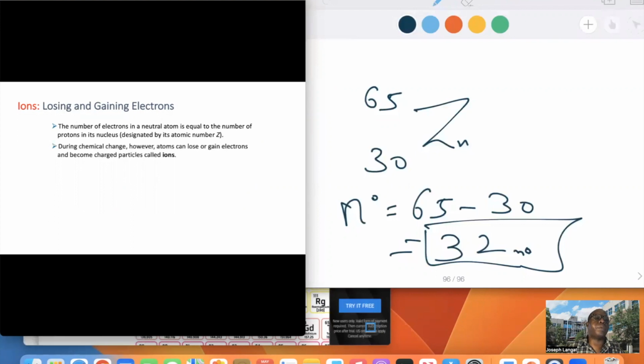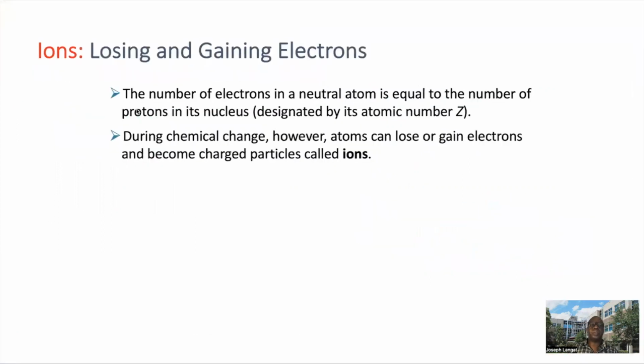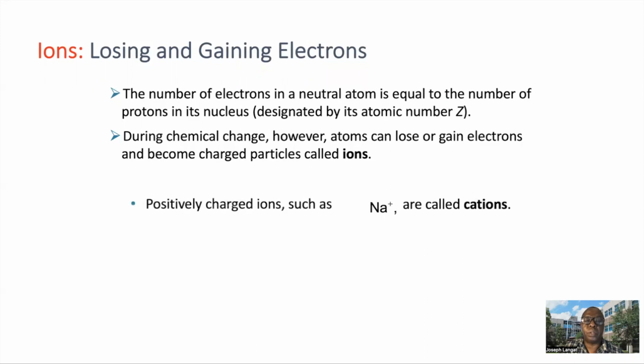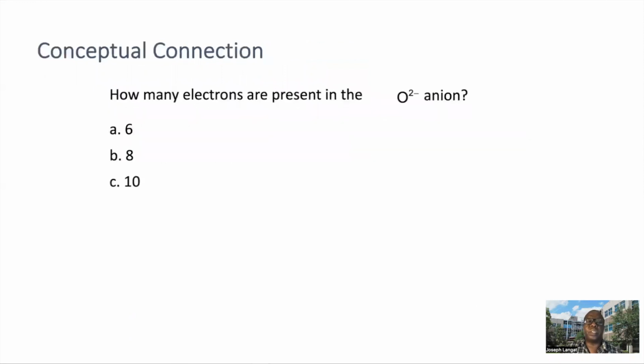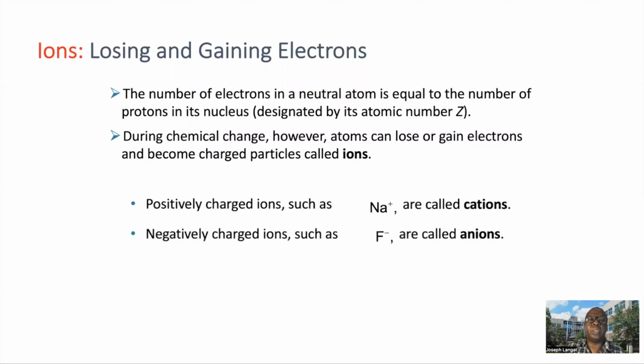For a neutral atom during a chemical reaction, atoms can lose or gain an electron to become a charged particle. A few examples: positively charged ions such as sodium are called cations, and negatively charged ones are called anions.